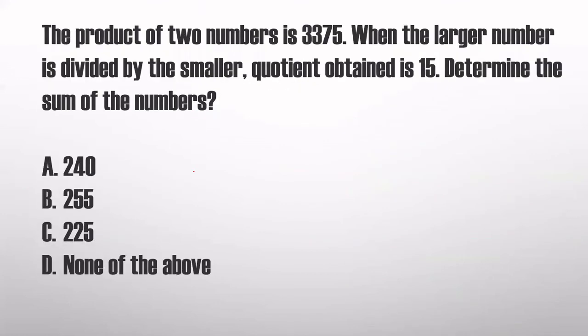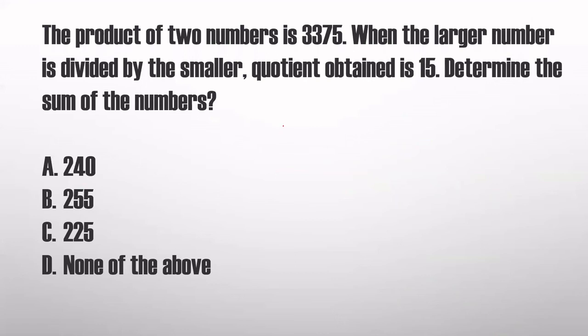Now, the next question is: the product of two numbers is 3375. When the larger number is divided by the smaller, the quotient obtained is 15. Determine the sum of the numbers. So we need to determine two numbers, and we just need to do the sum.